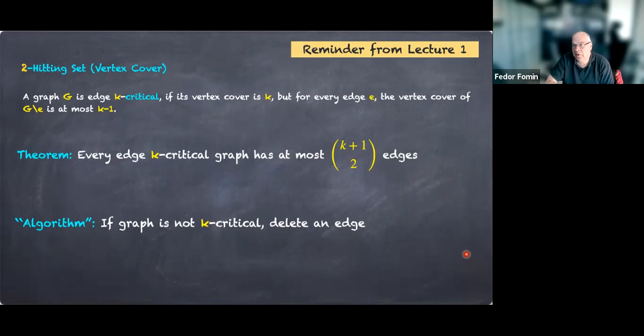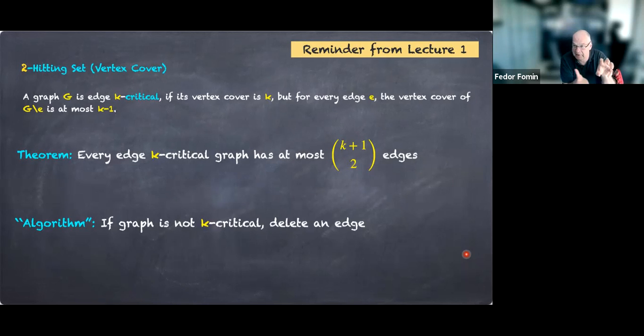So it already gives some intuition why we can compress, for example, vertex cover. If you give me a graph and k, and this graph has more than k plus 1 choose 2 edges, then I know that this graph is not k-critical. So there should be an edge such that if I remove it, the vertex cover of the graph will not decrease; it will remain the same.